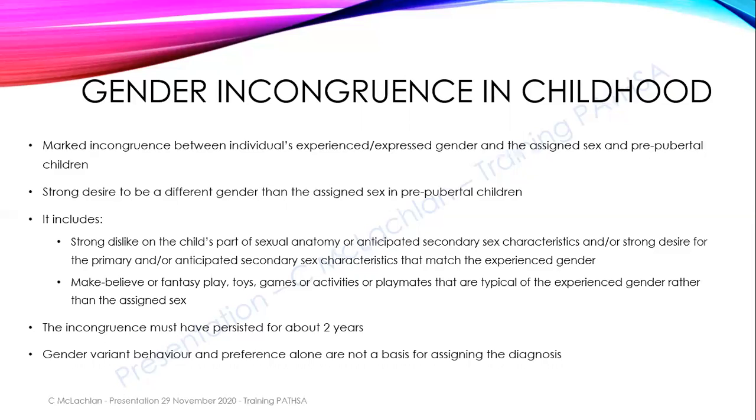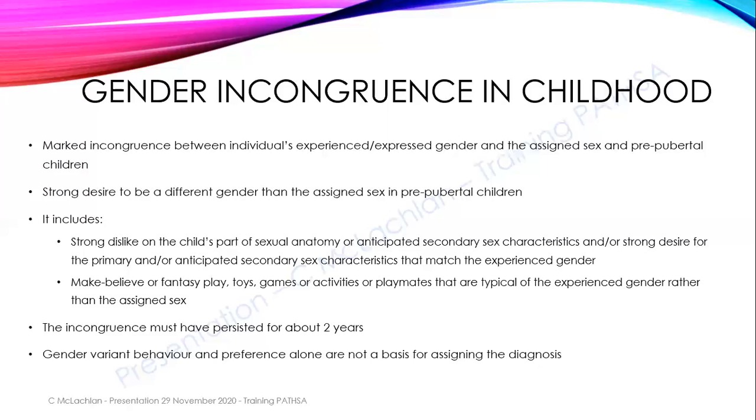And a lot of children still experience diverse genders, and they would experiment with it. And a kid might say, you know, I want to be a boy, and they were assigned female at birth. And that doesn't mean they're going to be trans in the end. They might just be gender diverse as a child. But currently in the ICD, there is one for childhood.